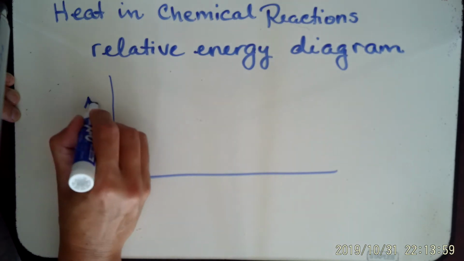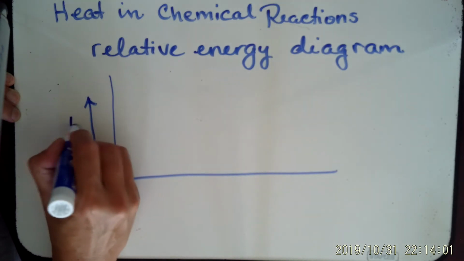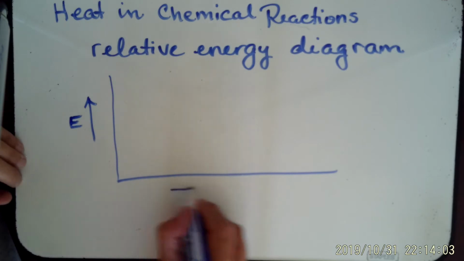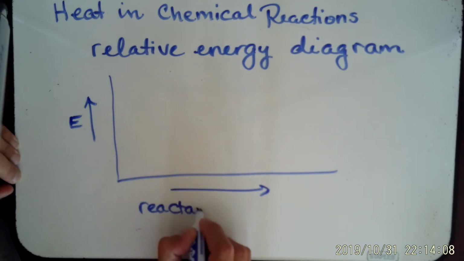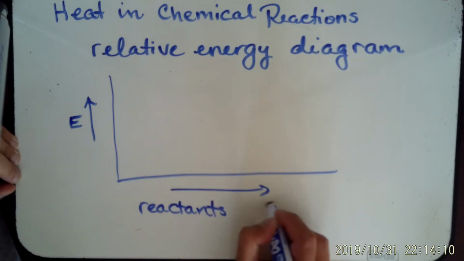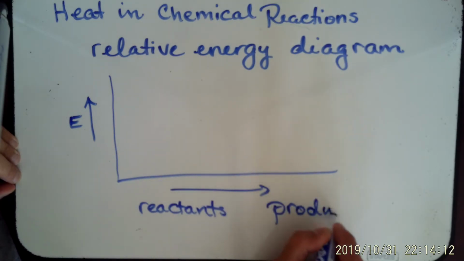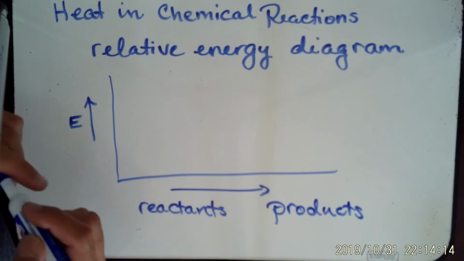Right here, let's call this energy. And as we go left to right, this is reactants to products. Okay, anytime you go to the right, you're going to be looking at products.